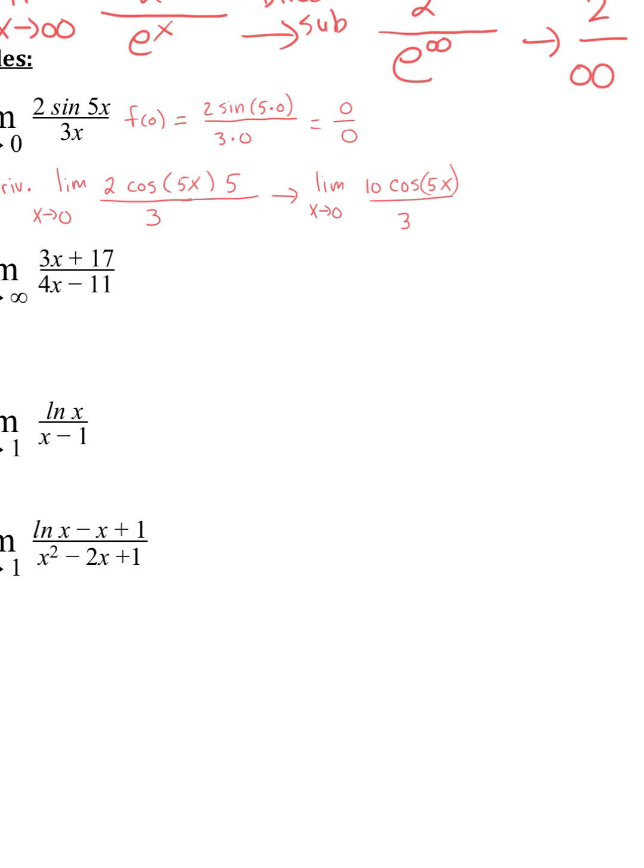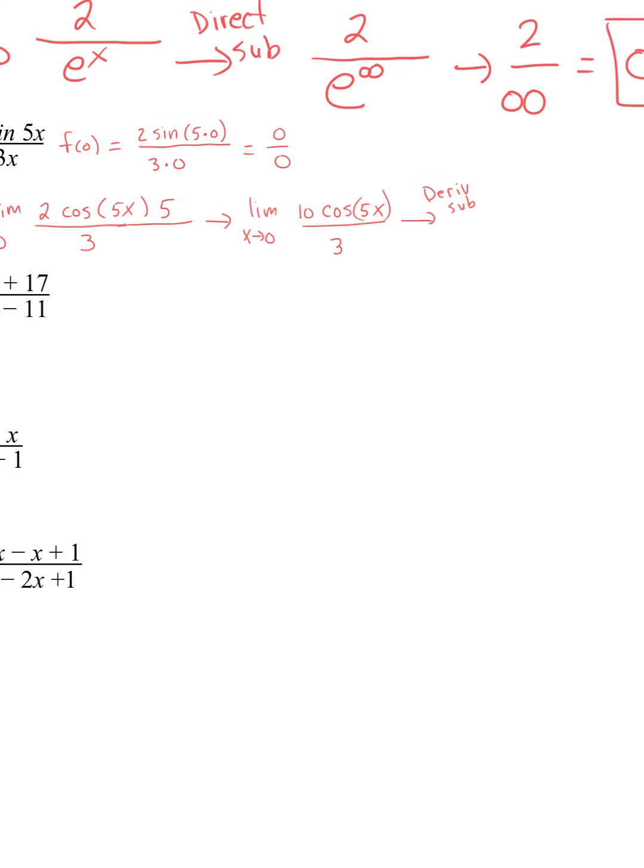Now, when I do direct substitution, let's see what happens. I have 10 times the cosine of 0, because 5 times 0 is 0, and on the bottom I still have 3.